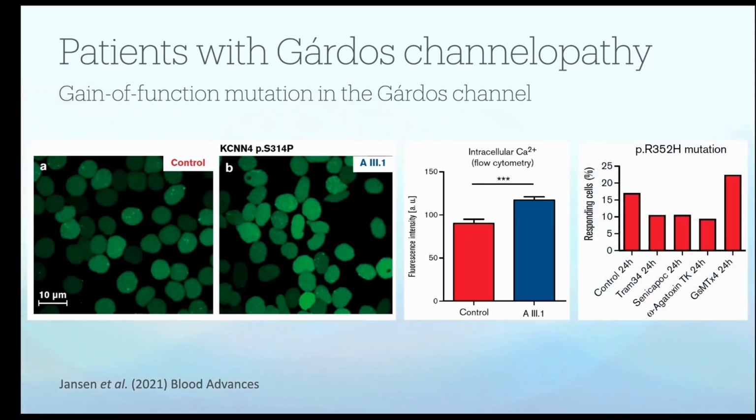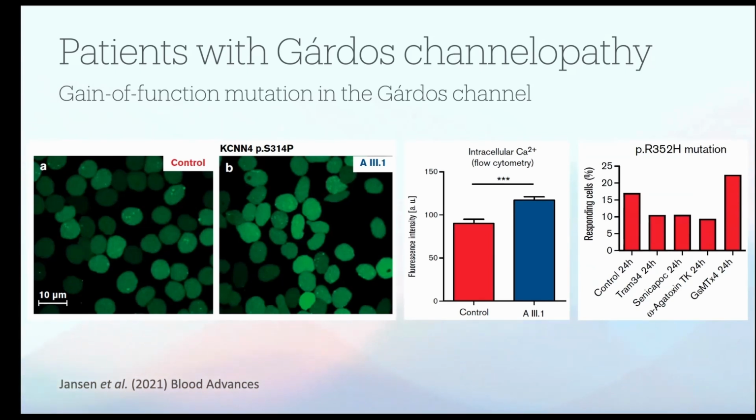In the left column, we have the control conditions, how the cells look after 24 hours of storage. So we have a certain percentage of high calcium cells. If we incubate the cells with the Gardos channel inhibitor TRAM34, this number of cells is much lower, and exactly the same result if you use a different channel inhibitor, the Senicapoc.